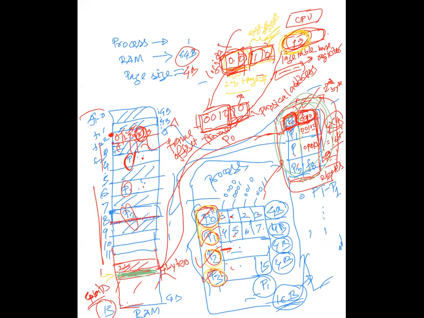If it is a 36-byte process, then you need more entries till 36. 36 divided by 4 bytes is 9, so a total of 9 entries will be here.